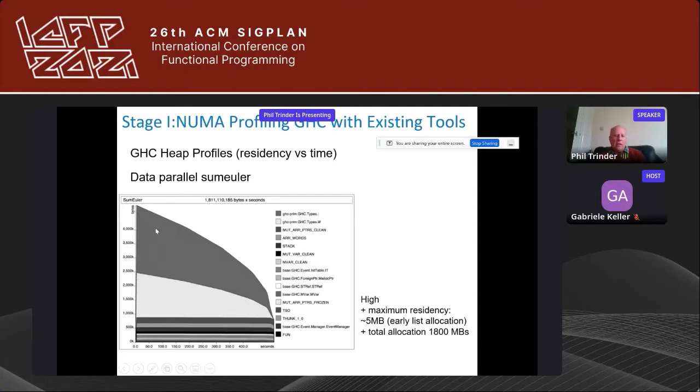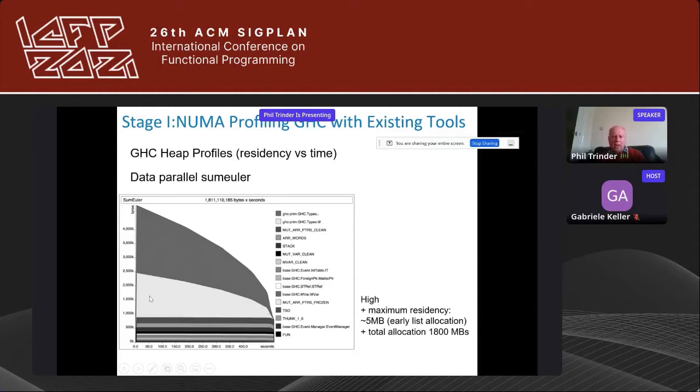The resident data is attributed to some function in the program in this grayscale, but that detail doesn't matter here. So what we see for this program is, well, it runs in about 550 seconds.